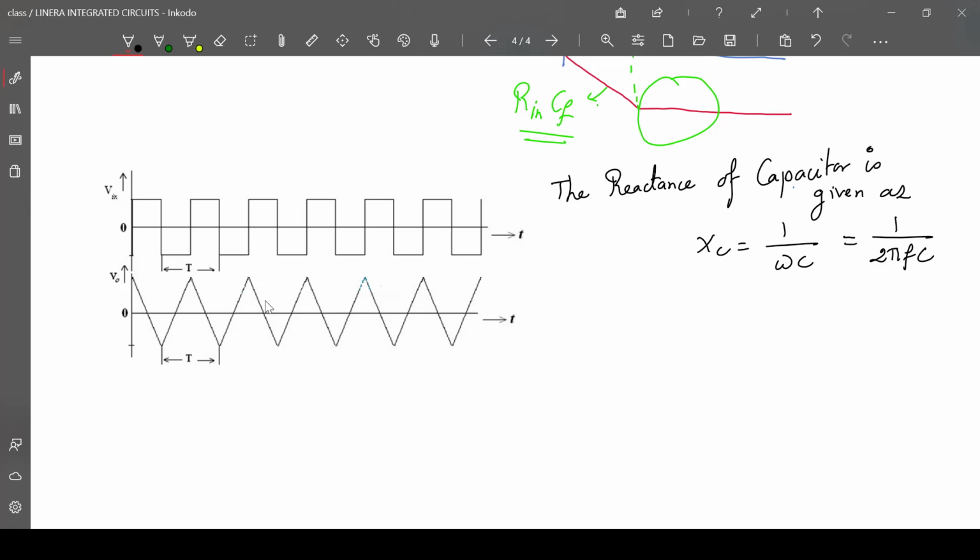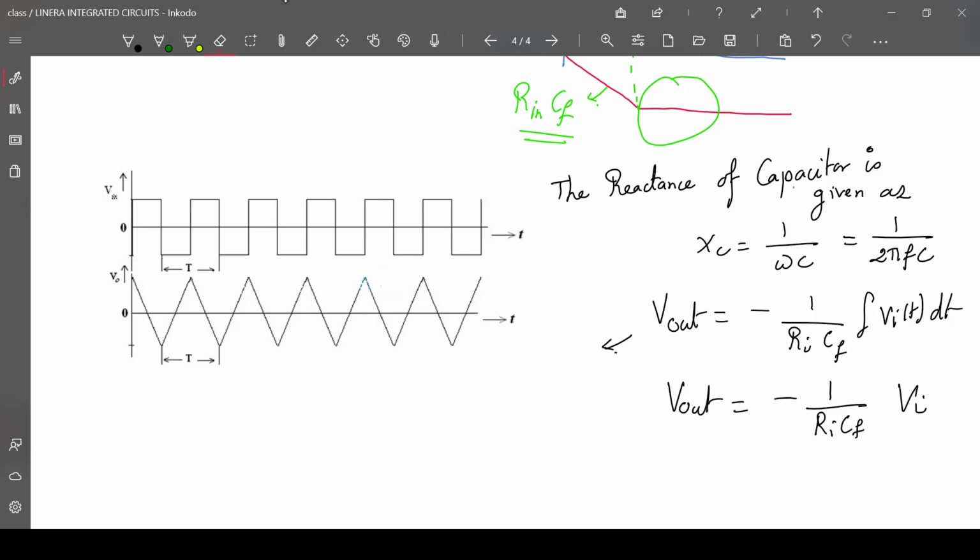So the output voltage of the integrator circuit can be rewritten as Vout is equal to minus Xc by Rin times Vin. Earlier, Vout is equal to minus 1 by Ri Cf times the integral of Vi(t) dt.